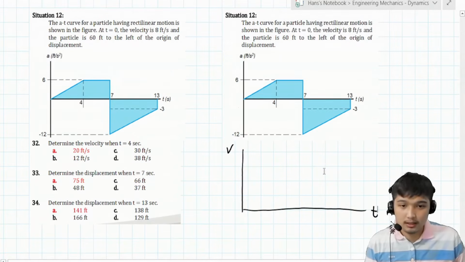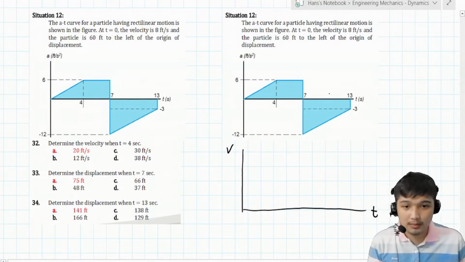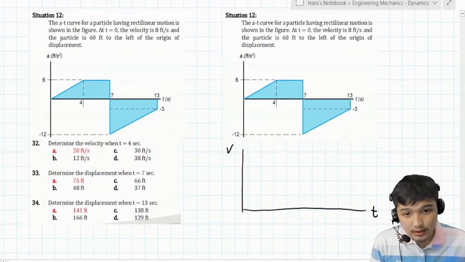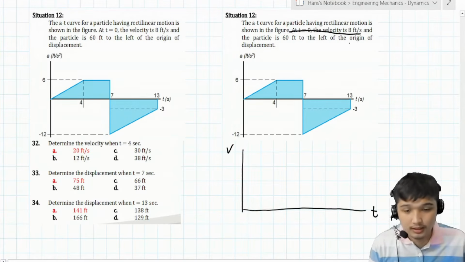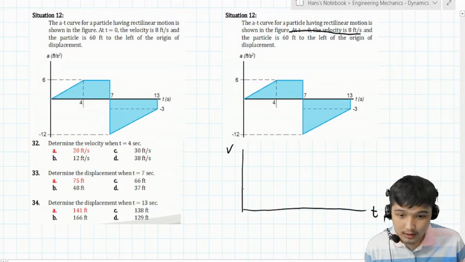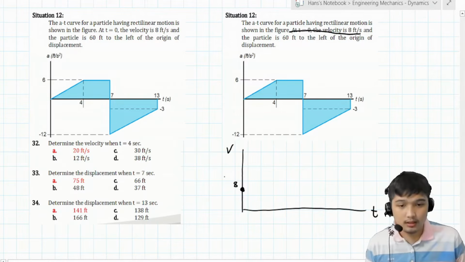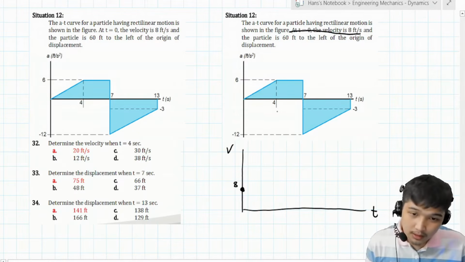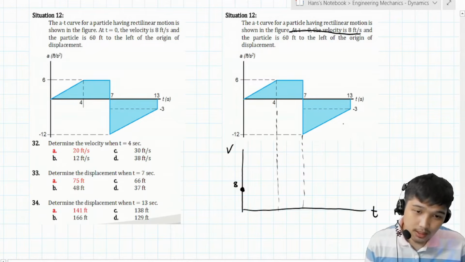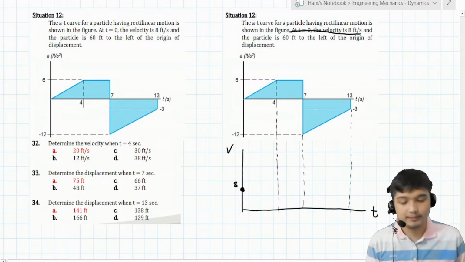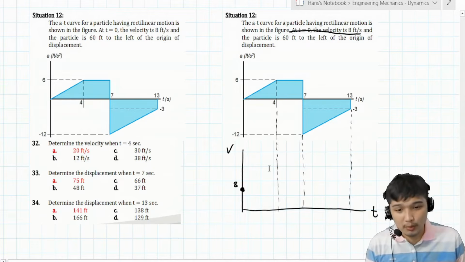So, let us plot. At time is equal to 0, the velocity is 8. So, mag-start tayo dito sa 8. Okay? So, meron tayong mga given na time: after 4, after 7, saka after 13 seconds. Ayan. So, paano tayo makapunta?